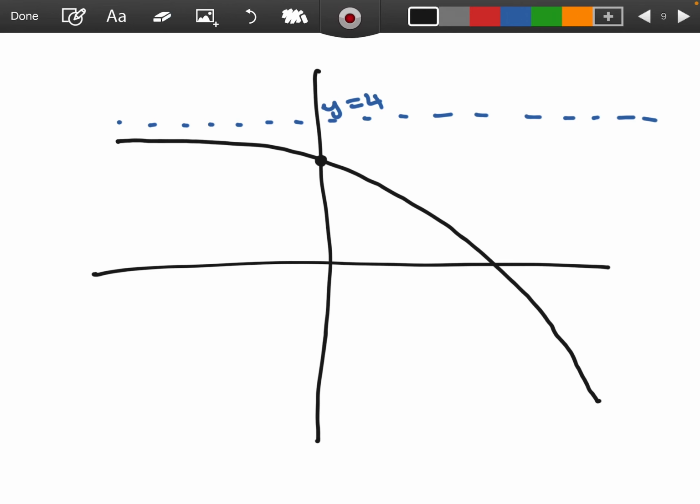Because I flipped it in the x-axis and then moved it all up by 4 units. I know that my point 0, 1 went to the point 0, 3, and I also have that point 1, 2. So this is now a quick sketch of f of x is equal to negative 2 to the x plus 4.